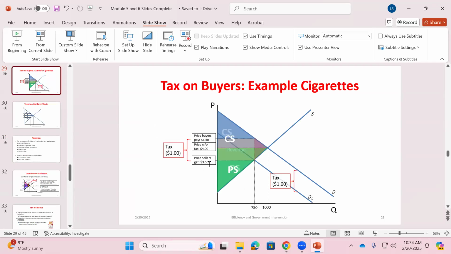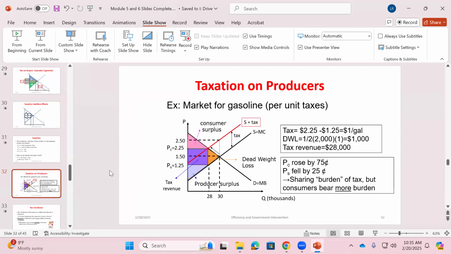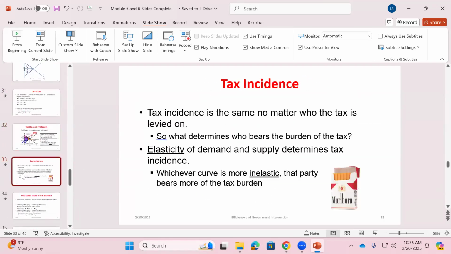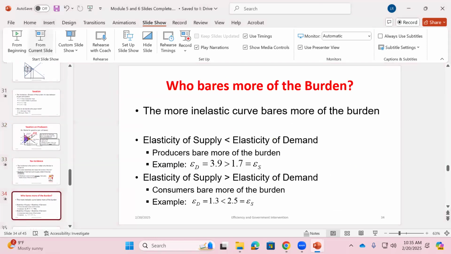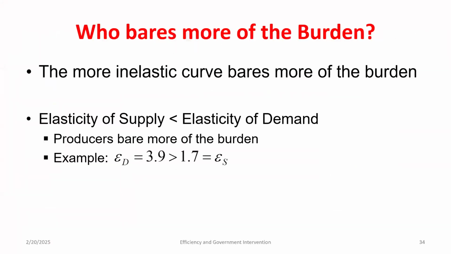So $4, $4.50, $4 to $3.50. So they're both bearing the burden equally, right? So in terms of elasticities, if they're bearing the burden equally, their elasticities would have to be exactly the same, right? Does that happen in practice? Probably not, right? Exactly the same would be very rare.